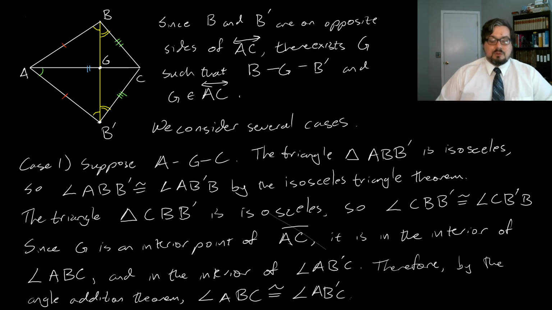And so in order for this theorem to work, we needed to know that G here lay in the interior of angle ABC so that we could conclude that the blue angle up here and the blue angle down here are congruent in order to use angle addition. Pardon me.